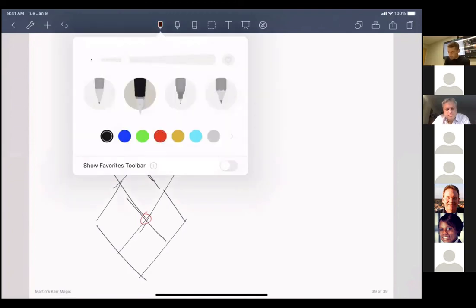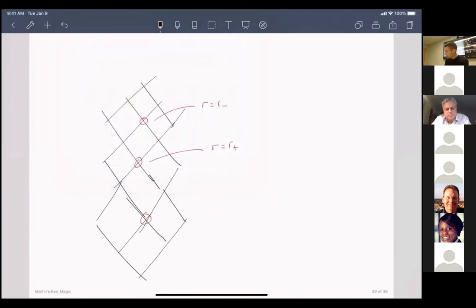And for this, you need to do the same Kruskal type extension that you did for Schwarzschild, but you do it in this context. So what you do is you come up with U. Plus and minus are just going to correspond to these crossing spheres, which are different.